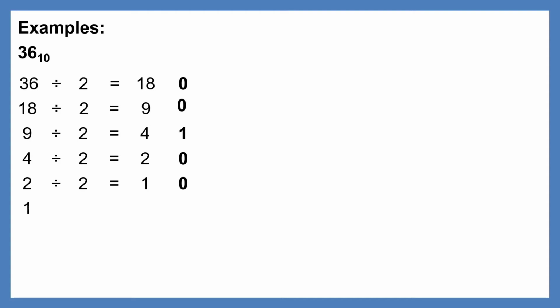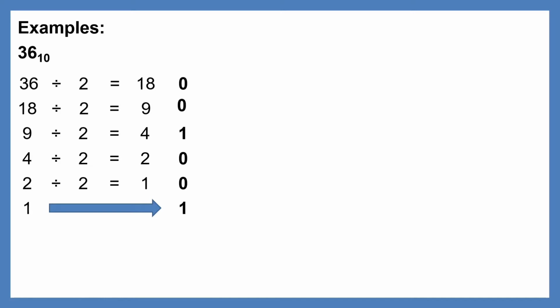When you have your quotient 1, you're going to stop the division by 2. The last one, you're going to write on the most significant bit. Once you achieve the quotient 1, there's no need to divide it by 2.